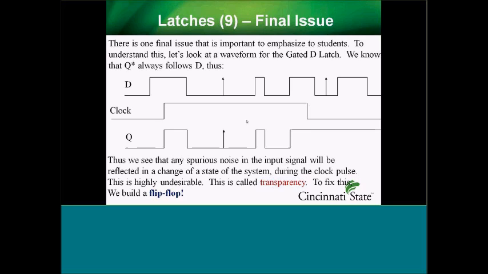You want some way that it reflects the status of D without seeing all the little noise. To do that, we build a flip-flop. That's where we stop here. We'll start talking about solving that problem on Thursday. So here we go, that's the noise transferring straight to the output. All right.